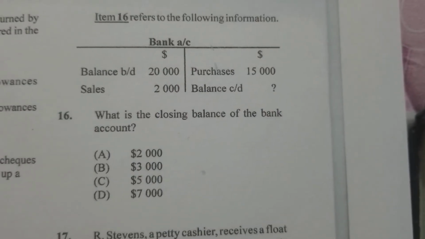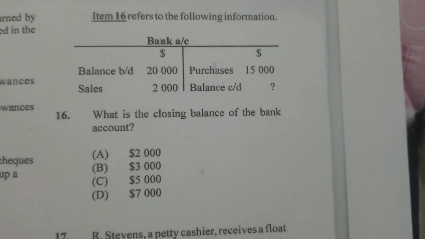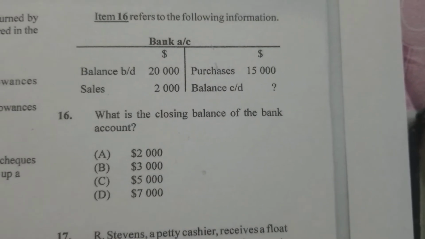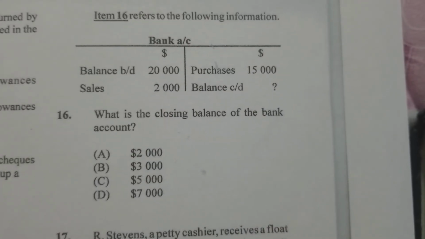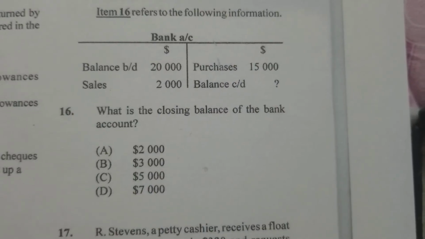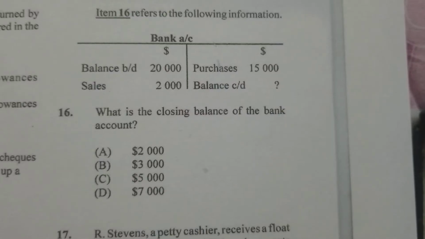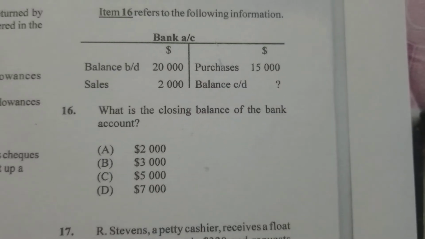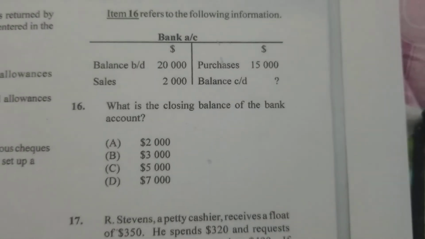Subtract from it the total on the credit side, which is 15,000. When we subtract the 15,000 from the 22,000, our answer will be D, 7,000. So the balance BD would be 7,000.